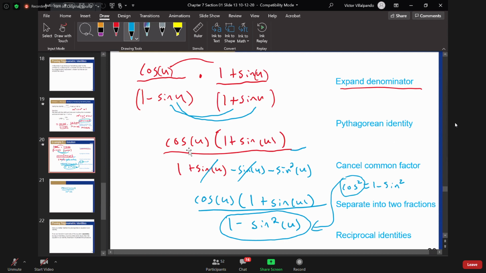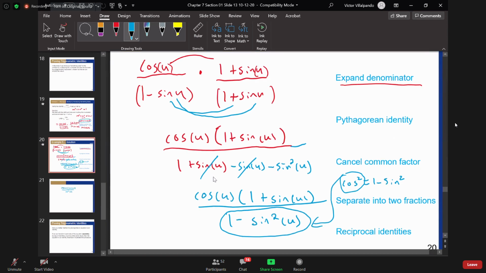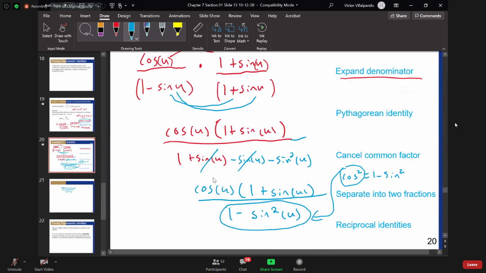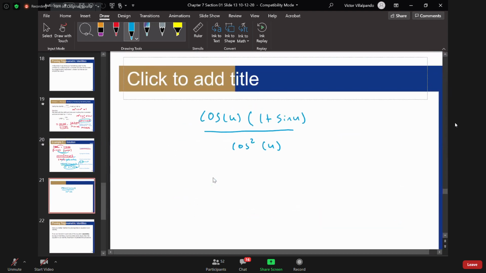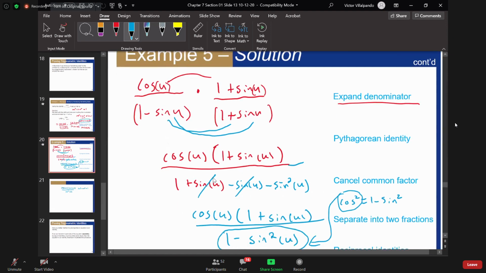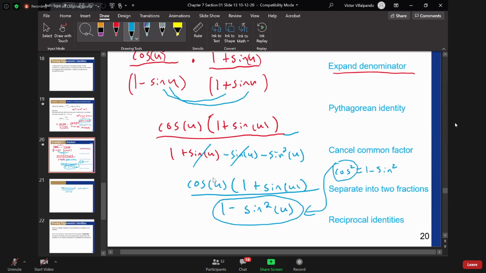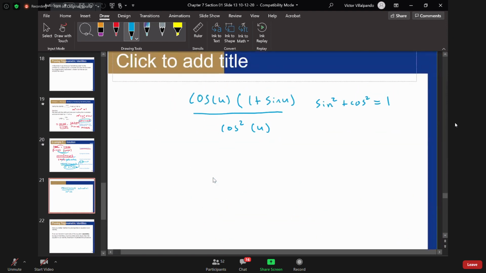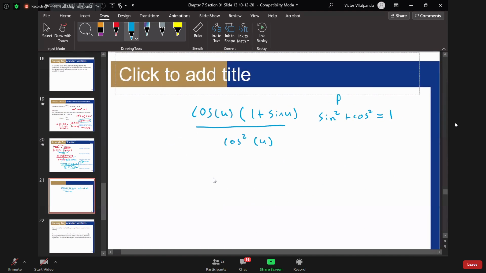The reason why it's cosine squared is, again, from the Pythagorean identity: sine squared plus cosine squared equals 1. Because before, we were left with 1 minus sine squared. But the Pythagorean identity, right? Our boy.